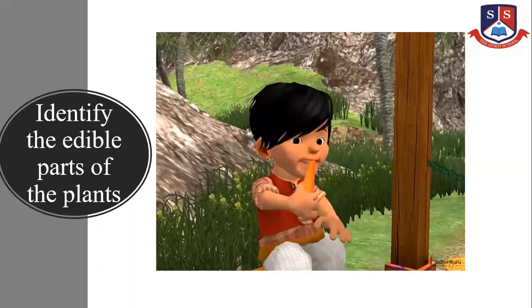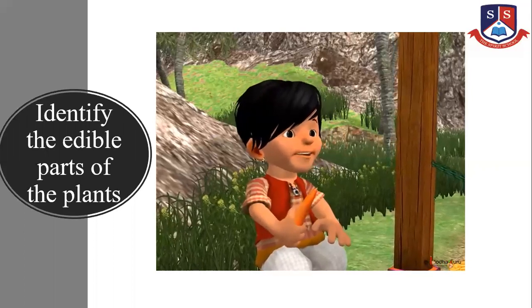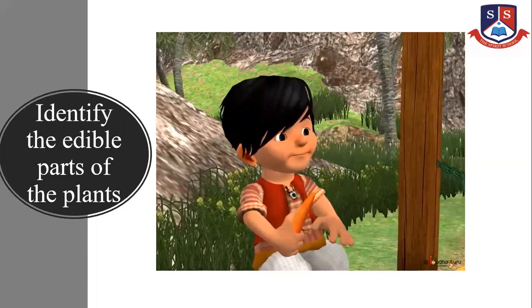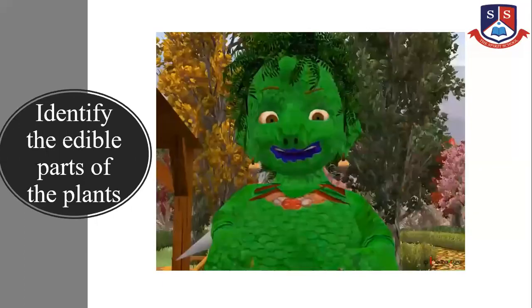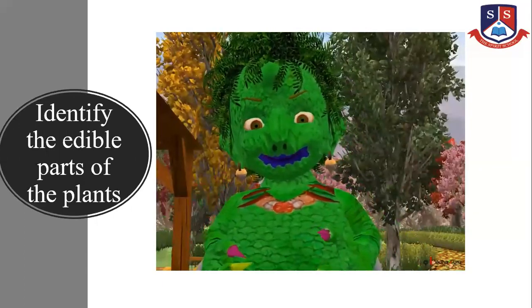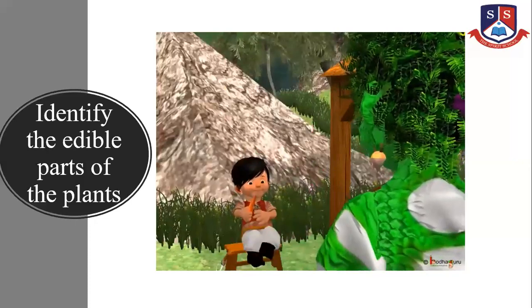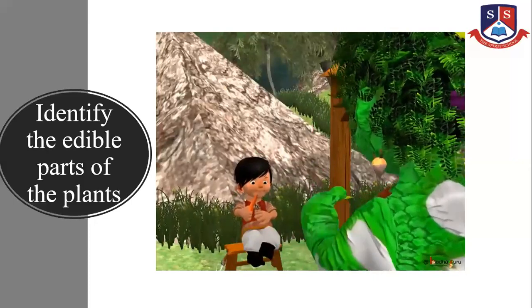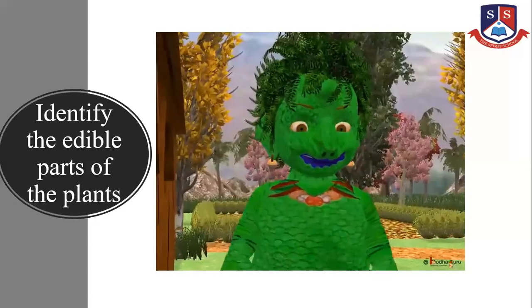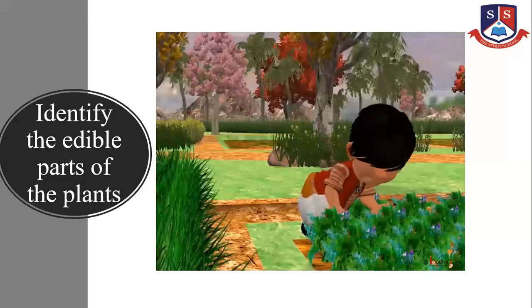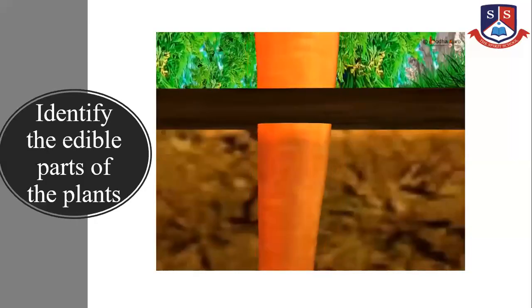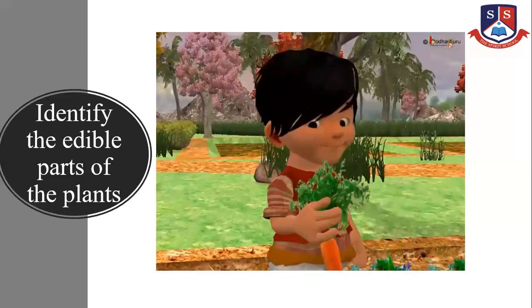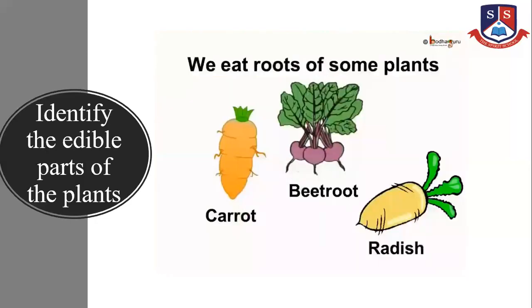In the story, we saw the veggie monster thought the roots are useless, and hence he didn't want the roots as his share. But he was surprised to know that the carrots which we eat are actually the roots. Same way, radish, beetroot, turnip are all roots. Observe all these roots carefully.